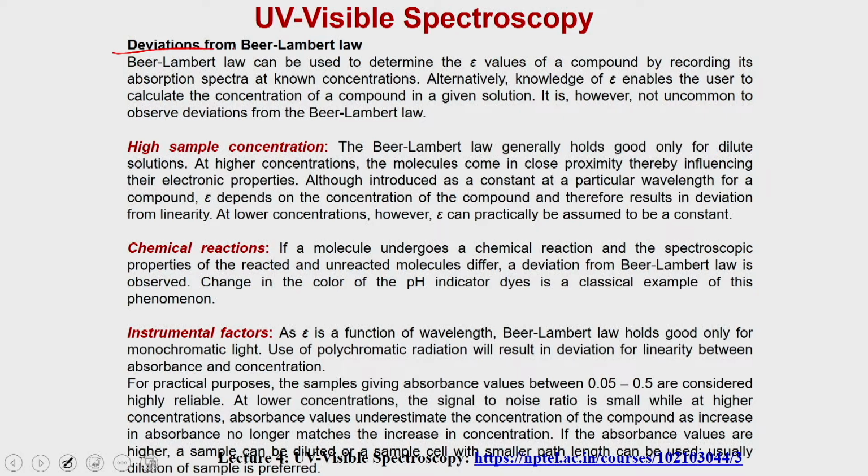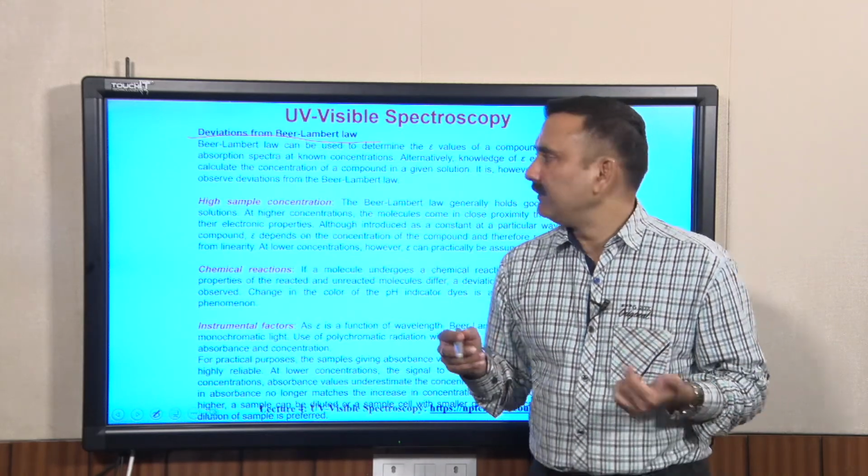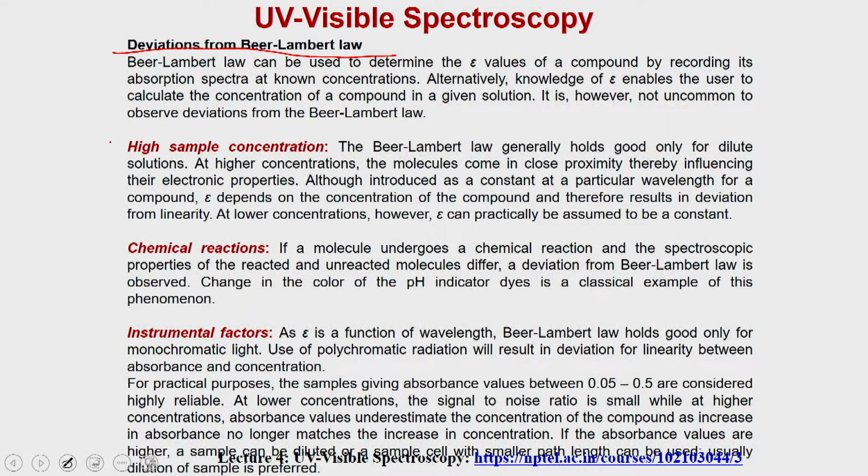Now, because the Beer-Lambert law is there, there are deviations from the Beer-Lambert law. There are some conditions under which the molecule does not follow it. What are these conditions? High sample concentrations. You can imagine that if I plot absorbance versus concentration of a molecule, it will be linear to some extent. After that, it is going to get saturated. So the Beer-Lambert law generally holds only for dilute solutions.